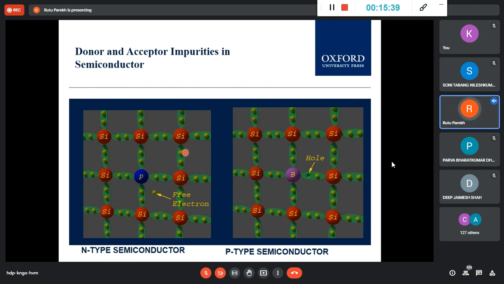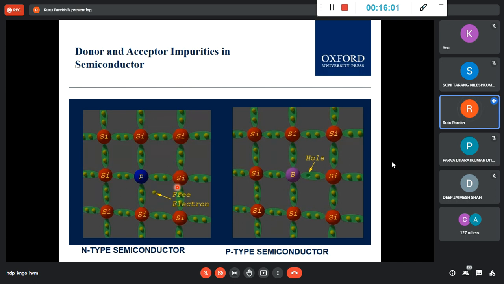Right, so this is just a pictorial representation of the lattice structure when you have a pentavalent impurity like phosphorus, and it will add an extra electron which will create current. Okay, mobility. If the electron is resting there, it is not a current. It has to be mobile. It has to move, right?